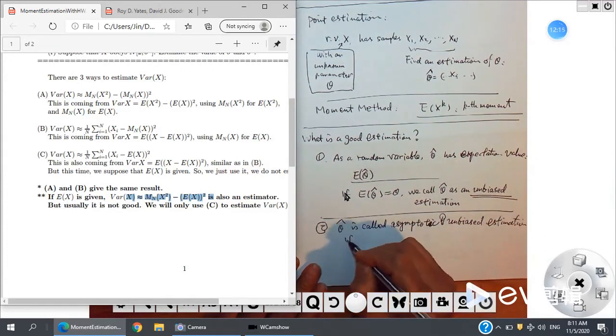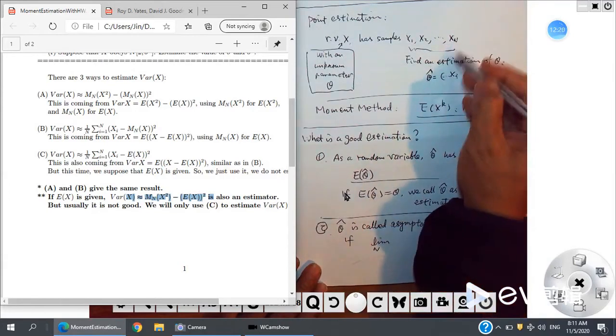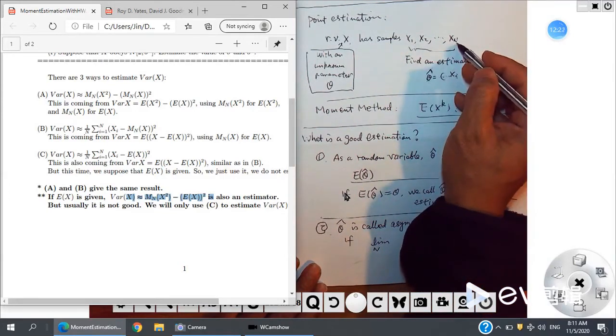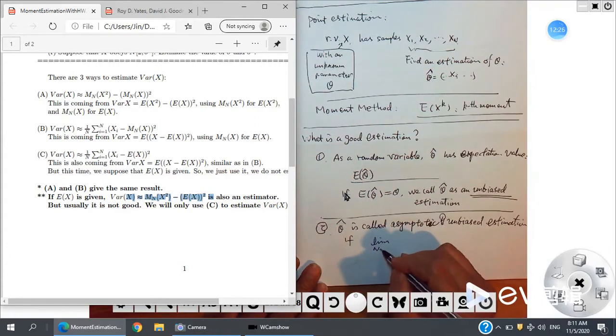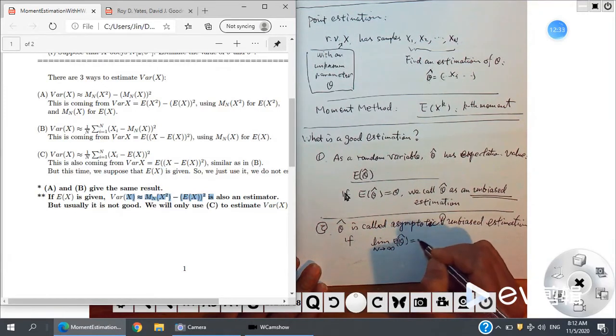If the limit when n, theta hat is coming from these n samples, now the number of samples is increased to infinity, then the mean of theta hat is theta.